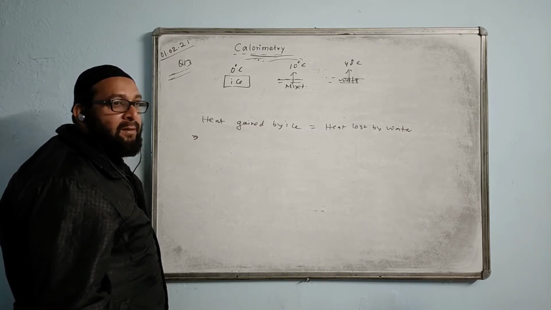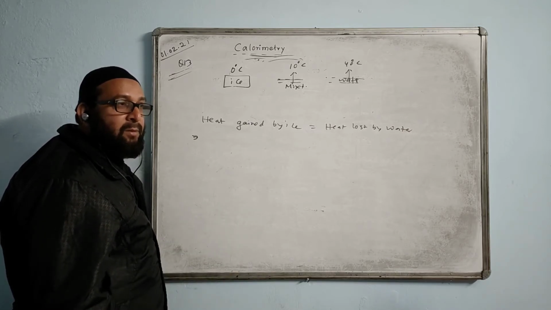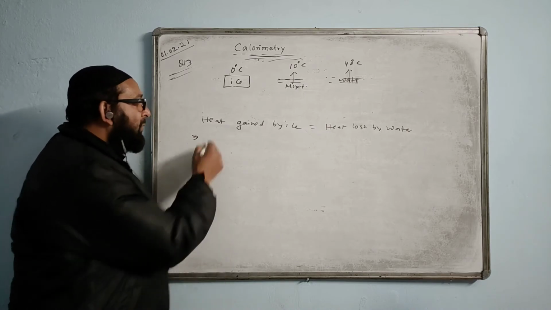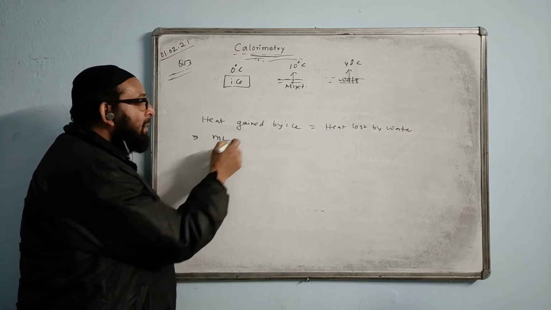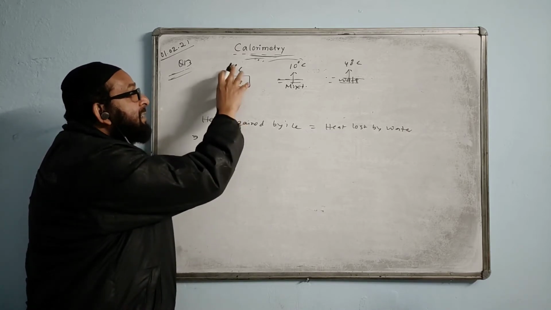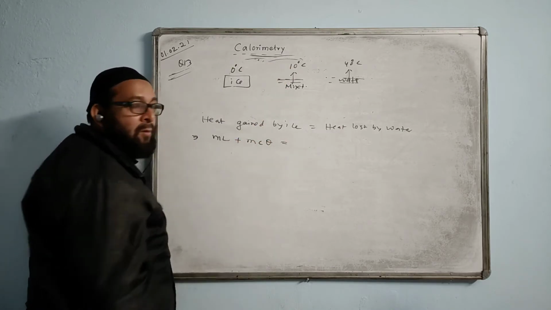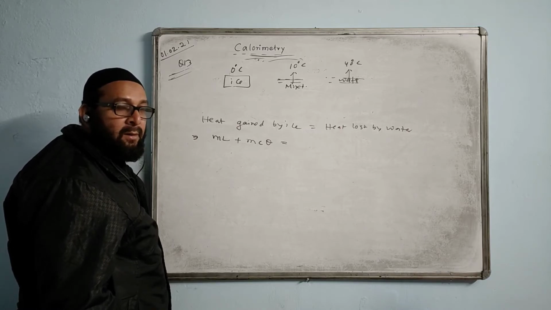First ice melts to water at 0, for that you apply ml. Then you raise the temperature of water from 0 to 10, that is plus mc theta also.